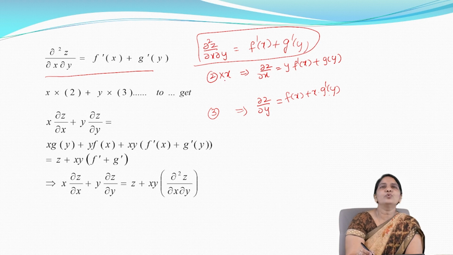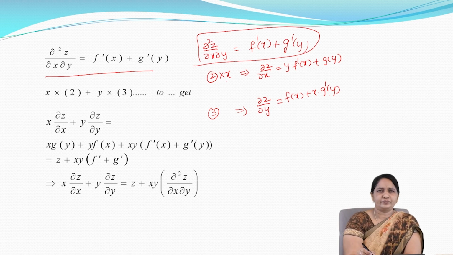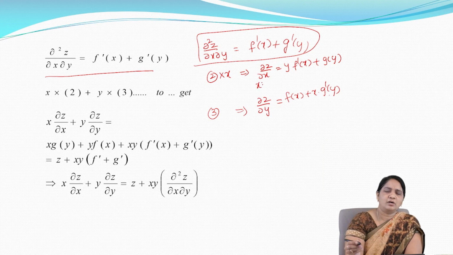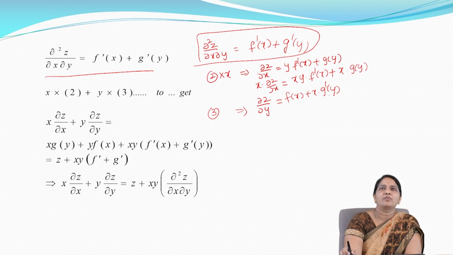So I am going to multiply with x. With x multiplication, x ∂z/∂x = x y f'(x) + x g(y). What I got here is xy f'(x) + x g(y). The same way I am going to multiply equation 3 with y.